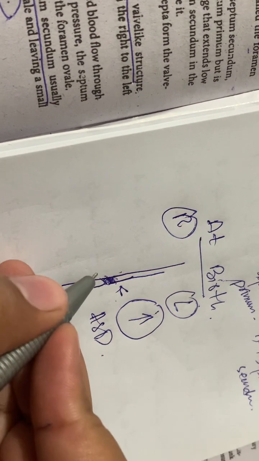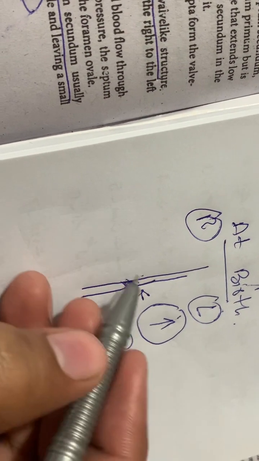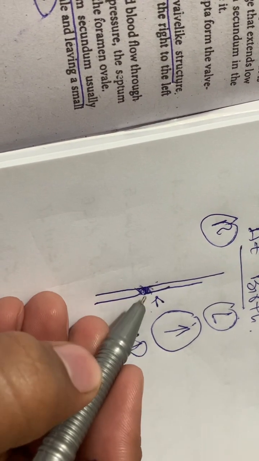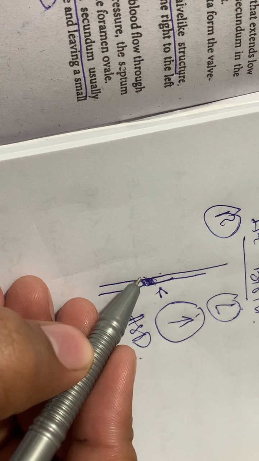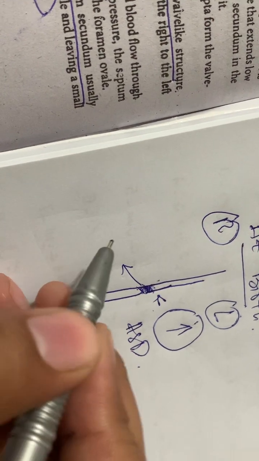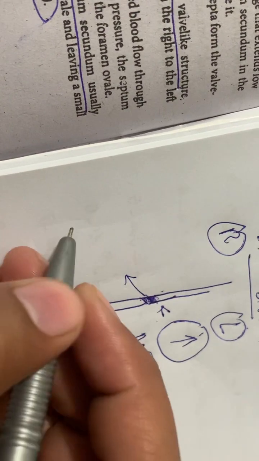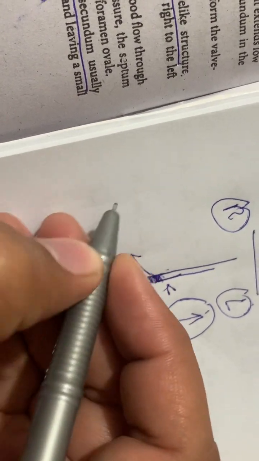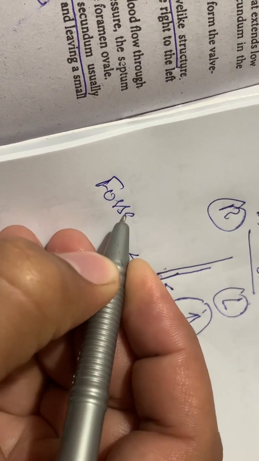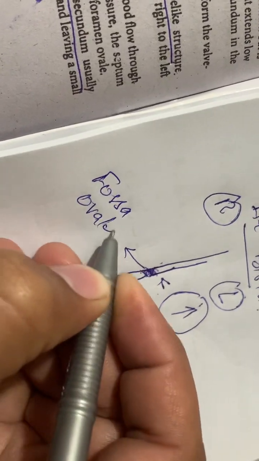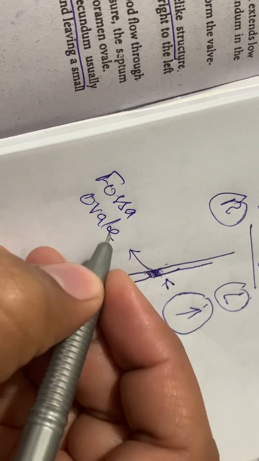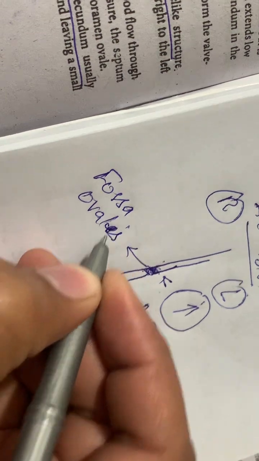One more important thing: the defect which ultimately fuses leaves a scar mark, or you can say a dent, which is called the fossa ovalis. The remnant can be seen in adult life.